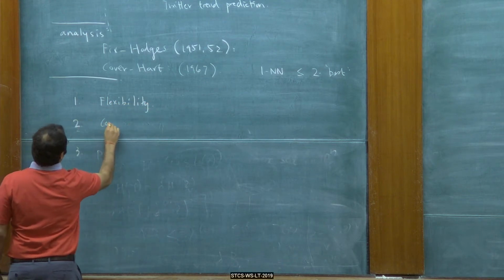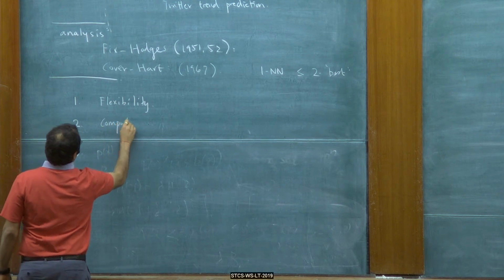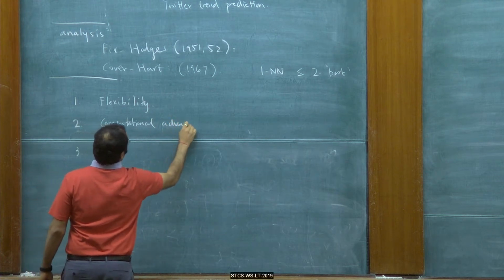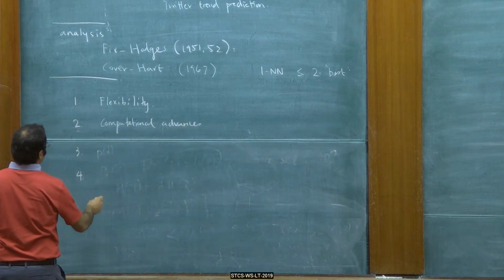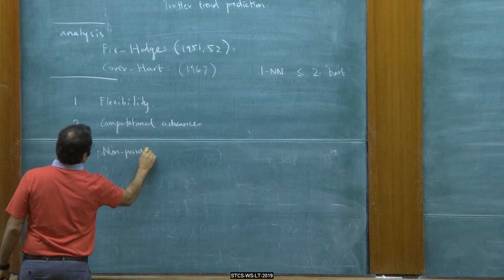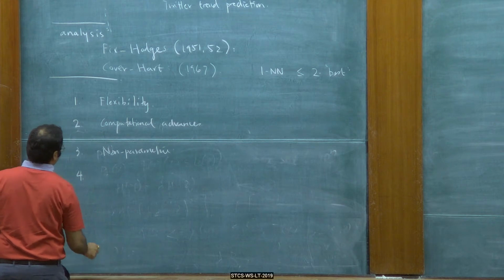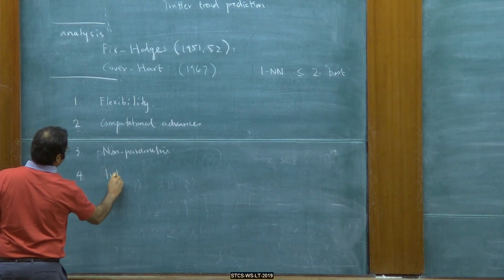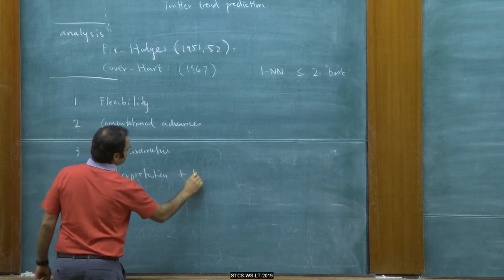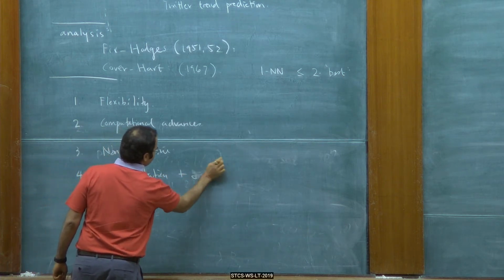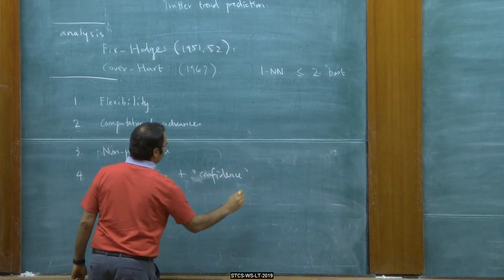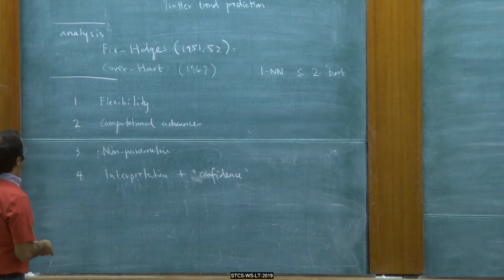The second is computational advances. The third is what I would call non-parametric. And the fourth is interpretation, and in some sense, confidence.